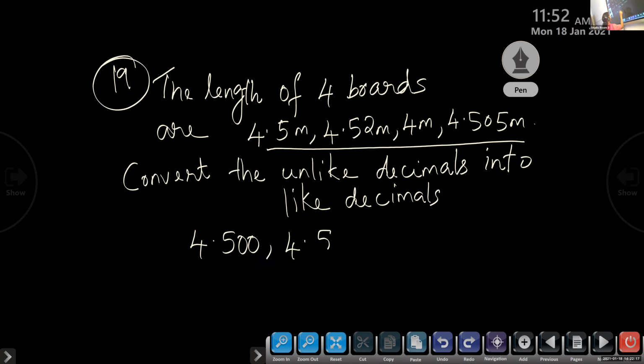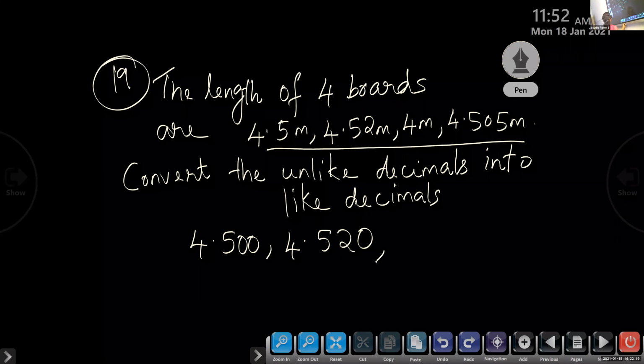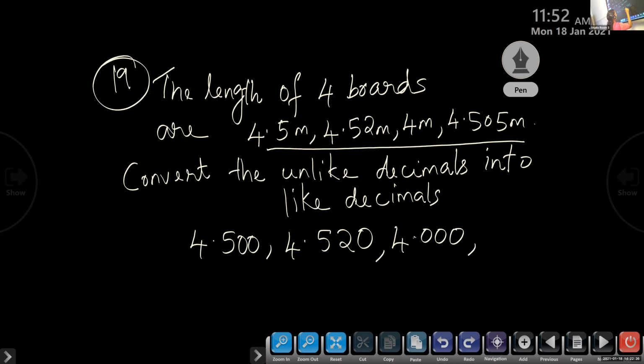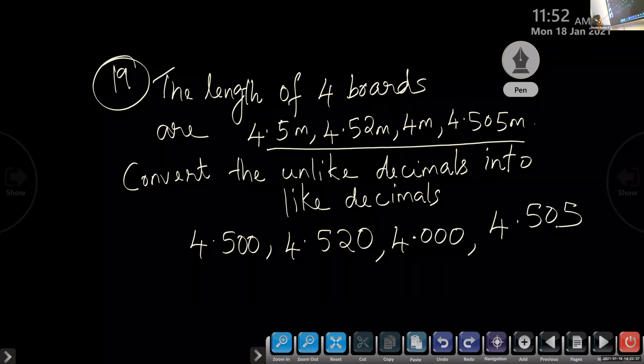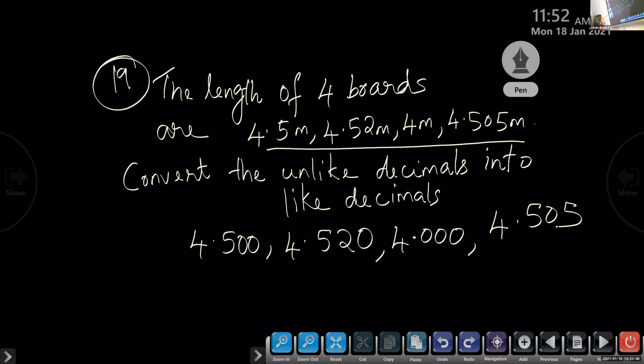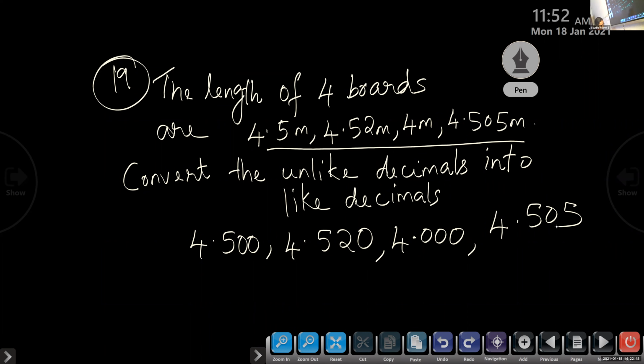Then 4.000. Okay. Then 4.505. So first step we have done. Here just we have written from the question the length of the four boards, 4.5, 4.52, 4 meter. So next step is what? Converting into like decimals. We have done now.